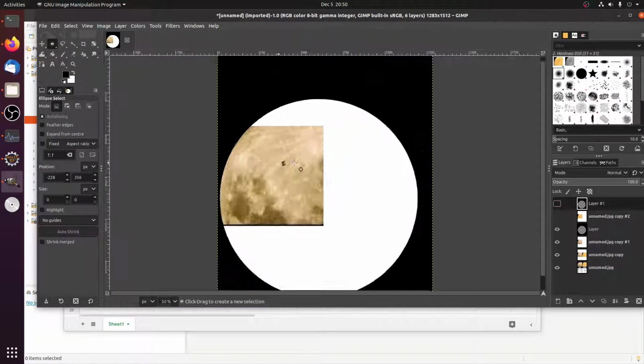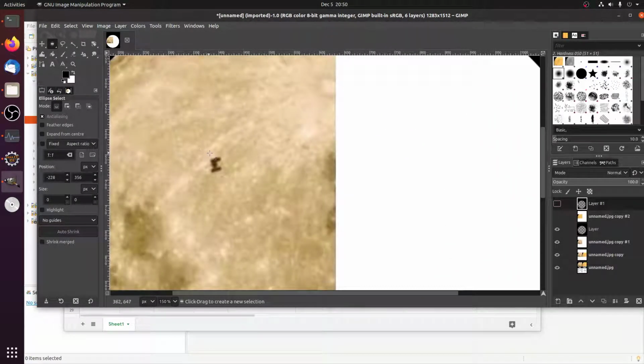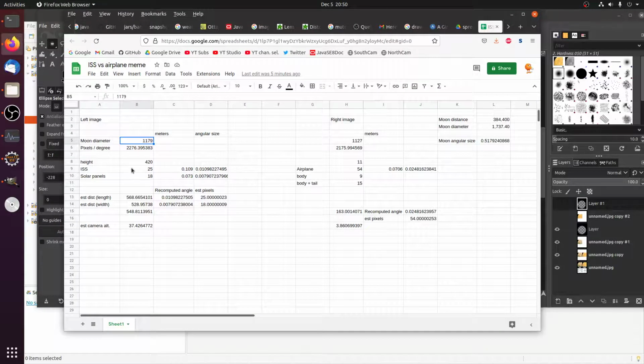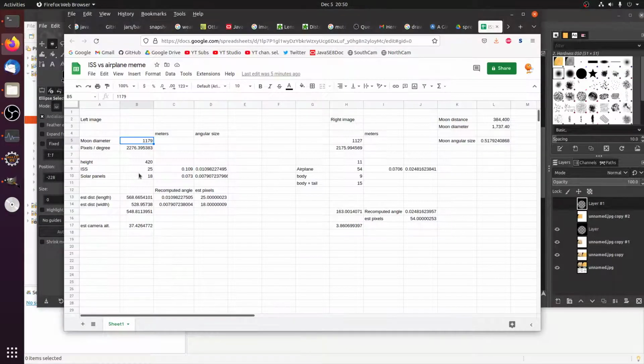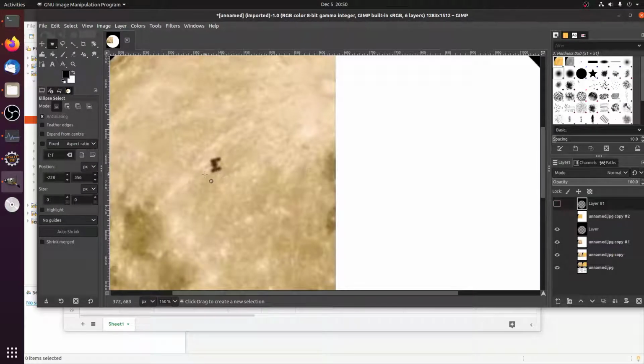I then zoomed in and did something similar for the length and the width of the ISS. I got 25 pixels for the length of the ISS, and 18 pixels for the length of the solar panels.